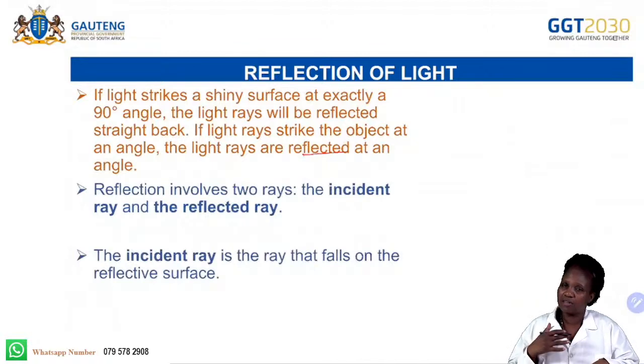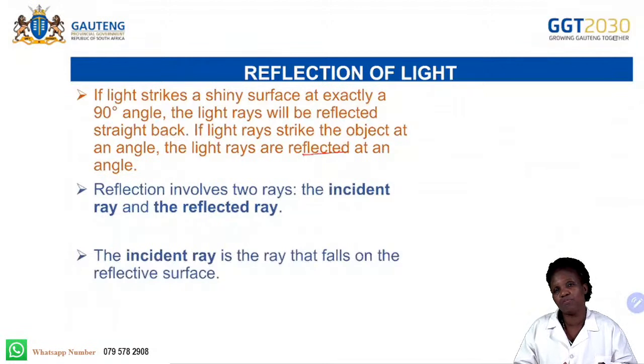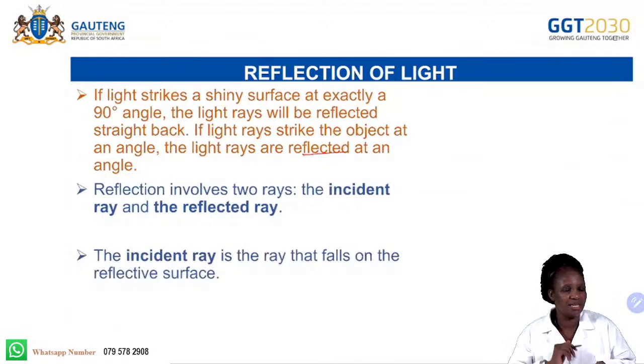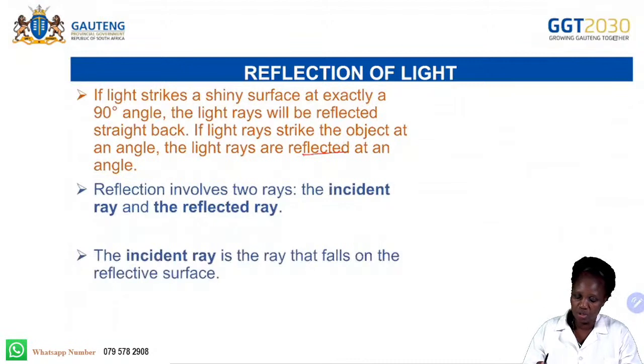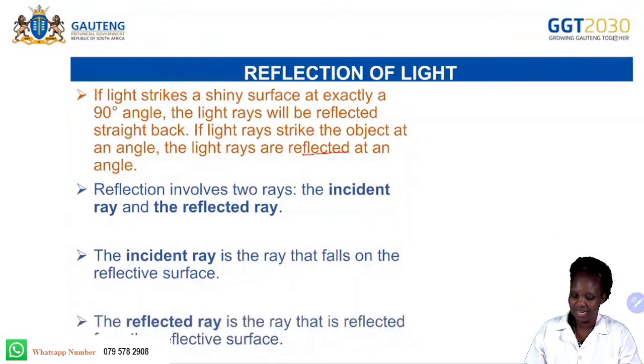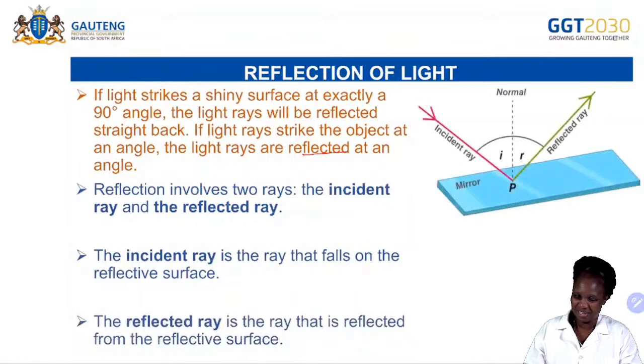And then reflected ray, this is the ray that will be reflected from a surface to your eyes. That's why we see color. The incident ray is the ray that falls on the reflective surface. The reflected ray is the ray that is reflected from the reflective surface.